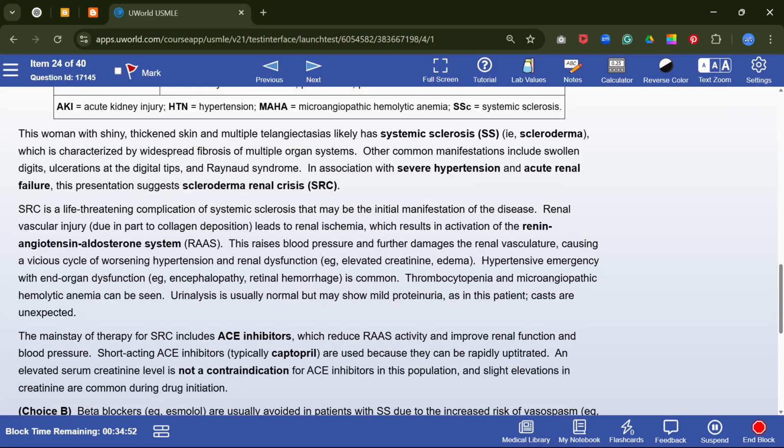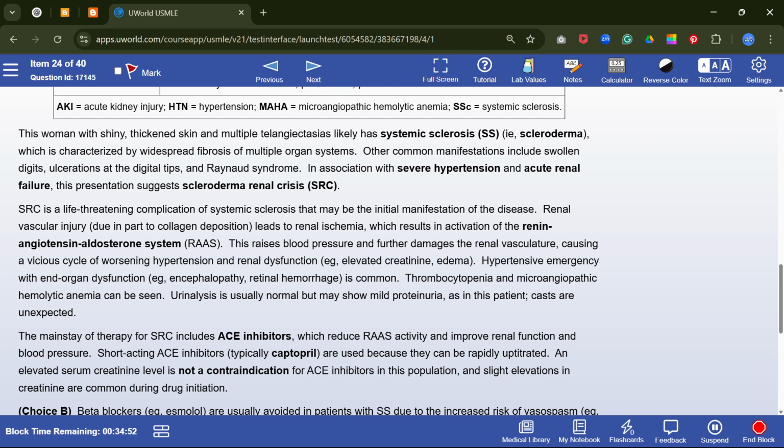This woman with shiny, thickened skin and multiple telangiectasias likely has systemic sclerosis, or scleroderma, which is characterized by widespread fibrosis of multiple organ systems.